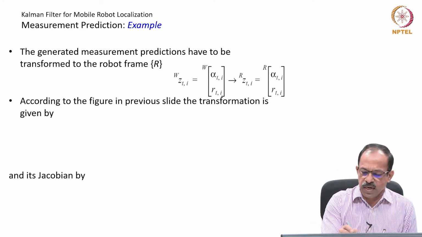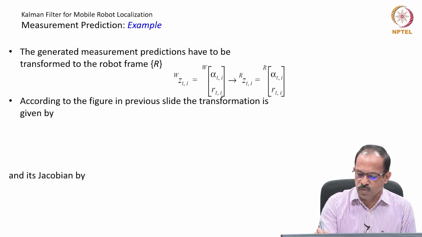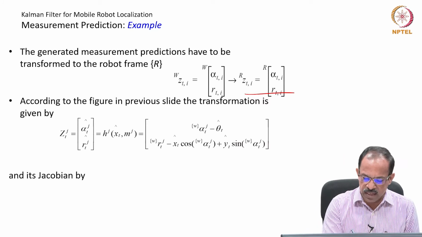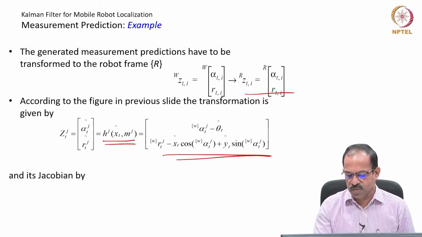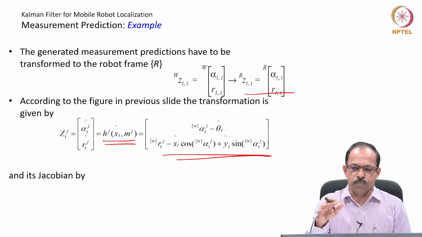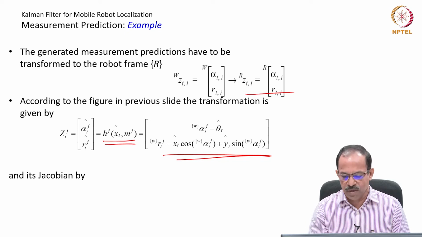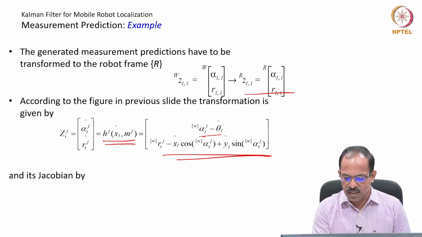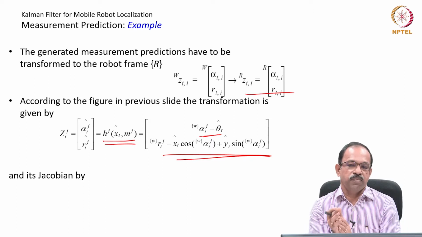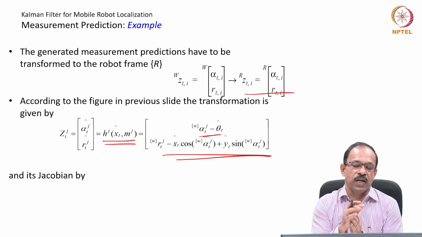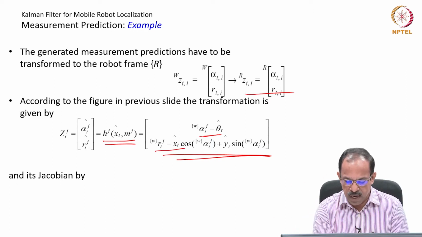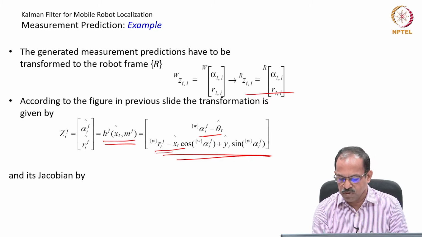So, the prediction basically converts all these to the robot frame, and there will be a transformation matrix Hj which can be given like this. Alpha is with respect to the world frame and theta is with respect to the robot frame, and therefore alpha t minus theta, where theta is the orientation of the robot, will be the orientation difference between the world frame and the sensor frame. Similarly, the position will be Rt minus xt cos alpha plus yt sin alpha.